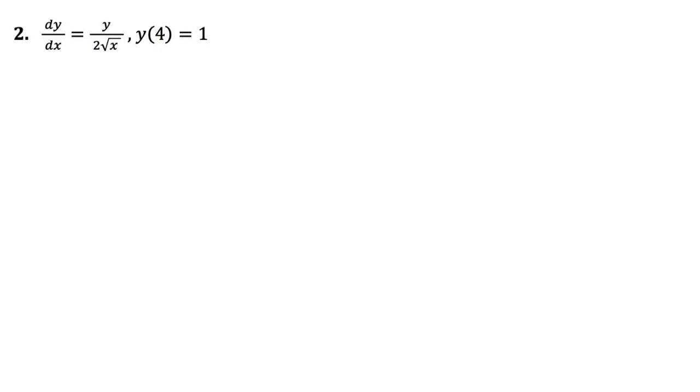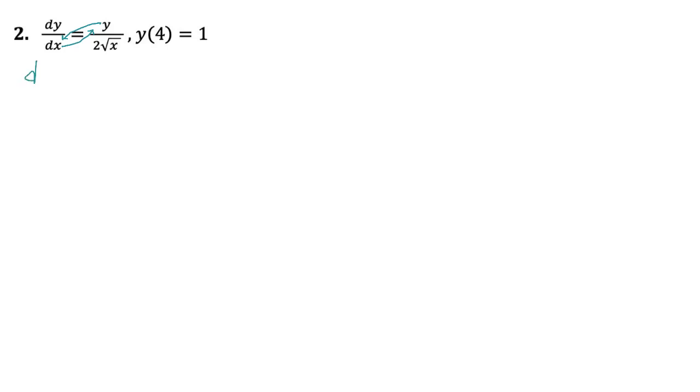Alright, with number 2, again, you're going to have to go through separating variables. And so here, again, let's see, what are we going to do? We need to move y down here. It looks like dx needs to move up there, doesn't it? So let's do that.